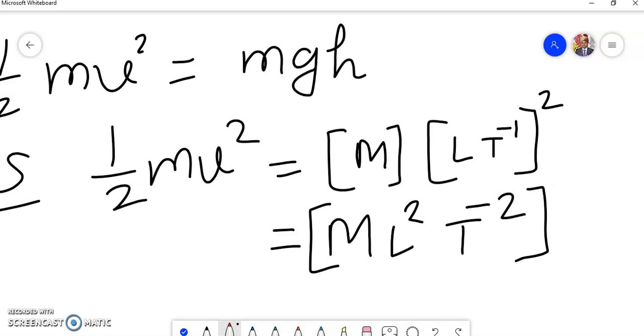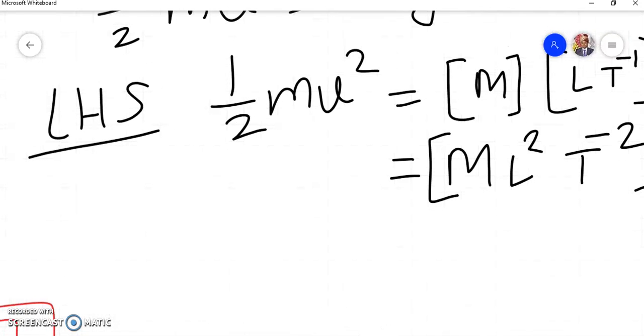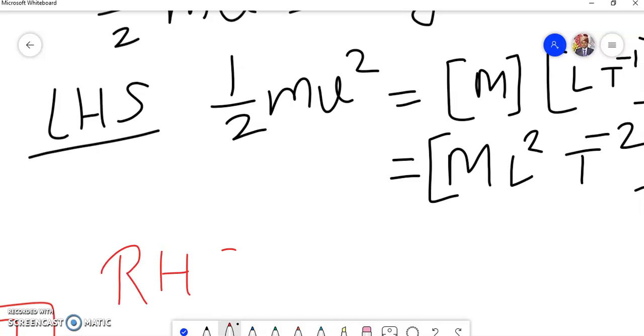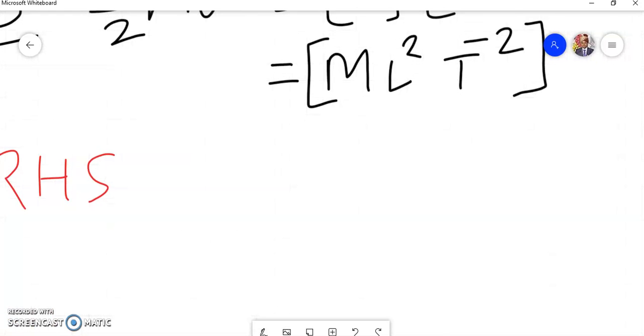And you can see on the right hand side, if you take the RHS, let us go for it here also. We are having mgh.